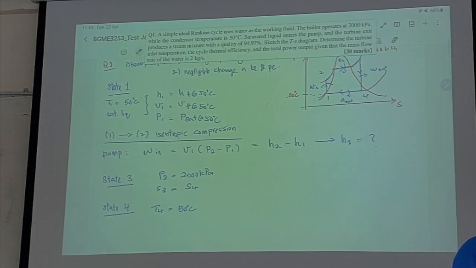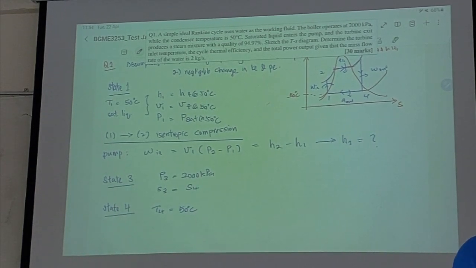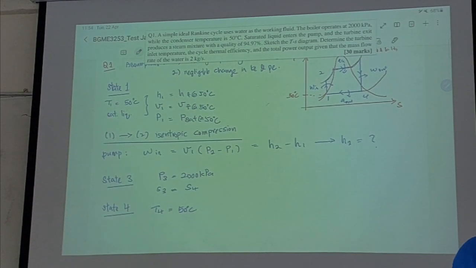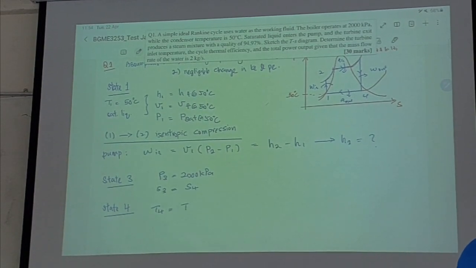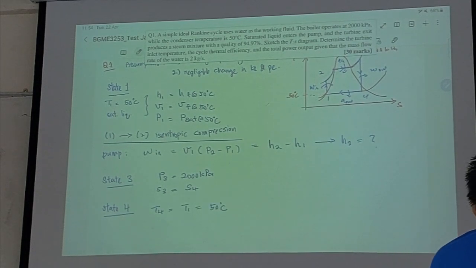If it is superheated, then you cannot use T1, because it won't be the same value. But if it is still in saturated state, these two should be the same value. So we can directly use this. Don't need to use the 12.352 value, because that one you need to interpolate a bit.